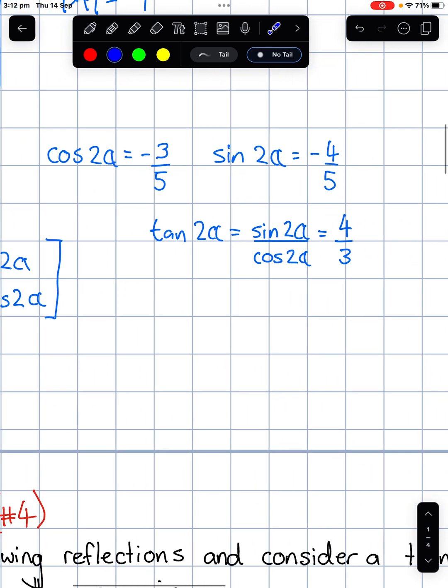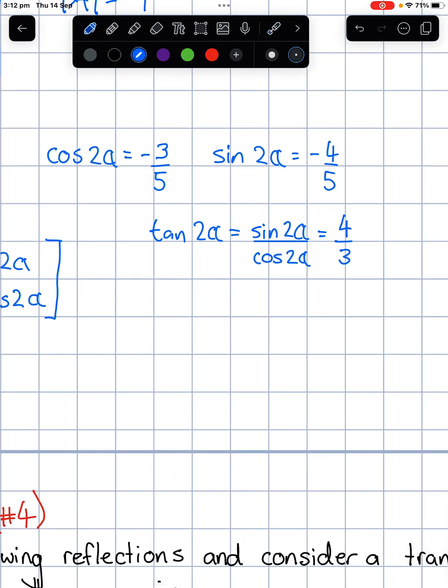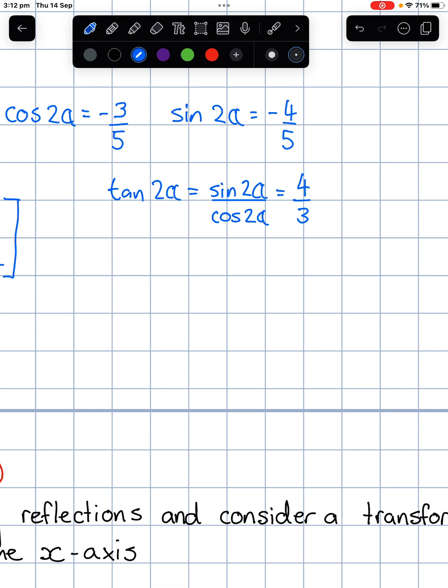So we're unpacking a bit of information here. And the other thing is, because these are both negative, we have to be in quadrant 3. So that means that if we're looking at 2 alpha here, it has to be bigger than -pi. They've done this because it lines up with what we're doing with vectors later.